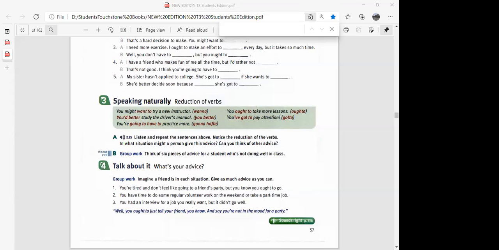Page 57. 3. Speaking naturally. Reduction of verbs. A. Listen and repeat the sentences above. Notice the reduction of the verbs. In what situation might a person give this advice? Can you think of other advice? You might want to try a new instructor.